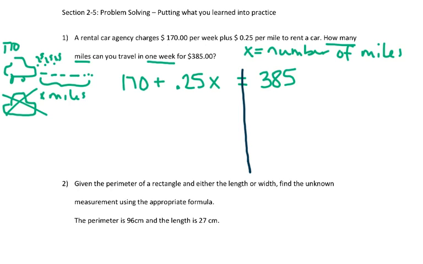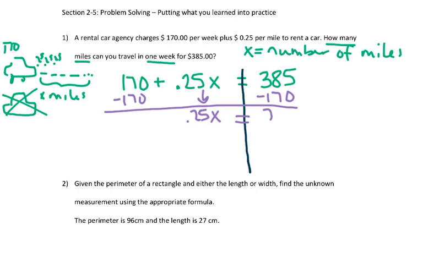Right here, I see that I have 170. That's not with the x, so I have to get rid of it. To get rid of it, I need to take it away, so I'm going to subtract 170 from both sides. The 0.25x drops down, and 385 minus 170 is 215.